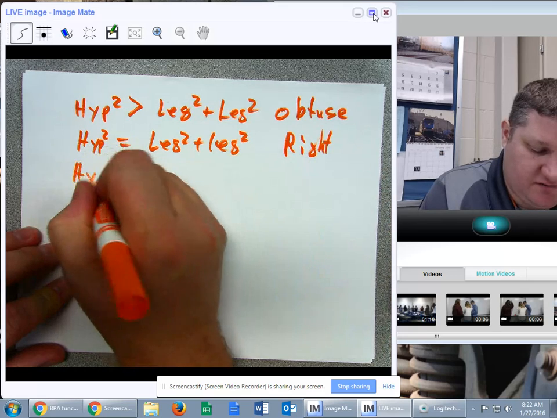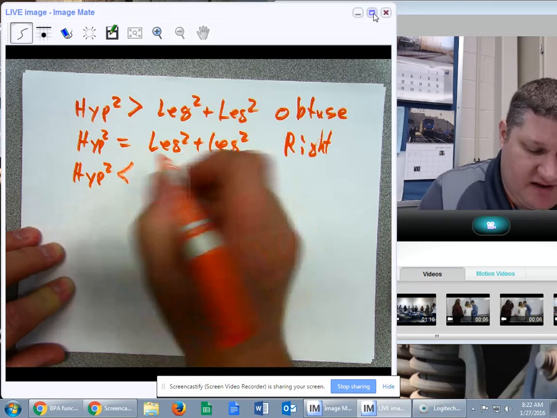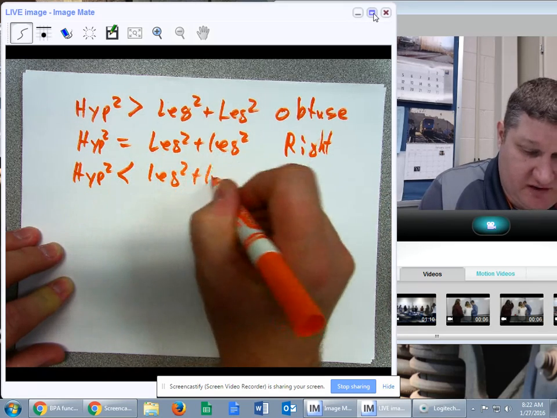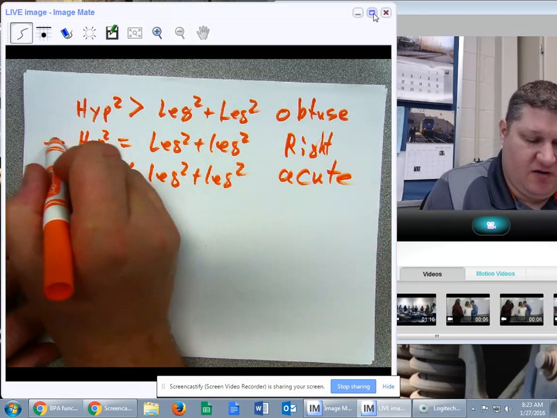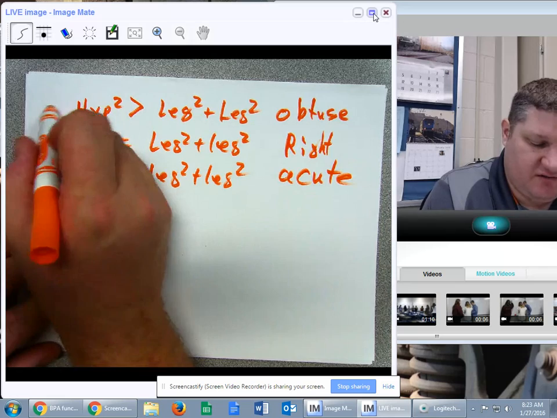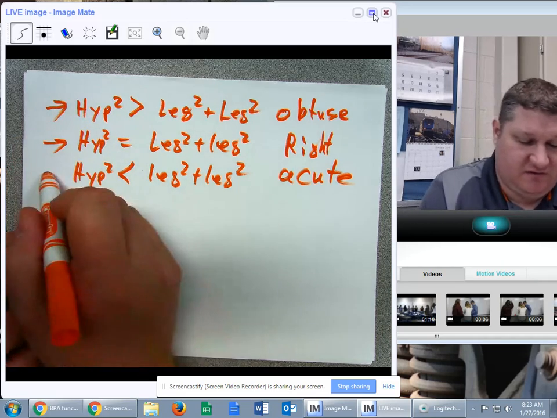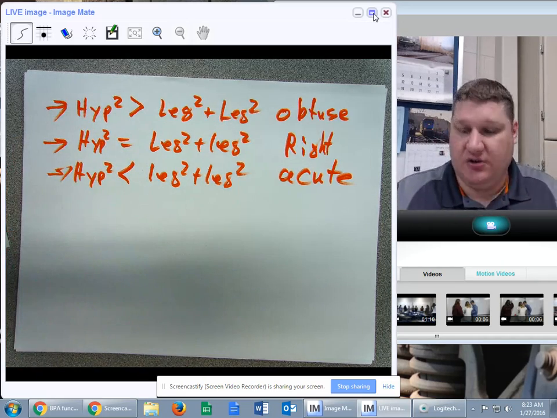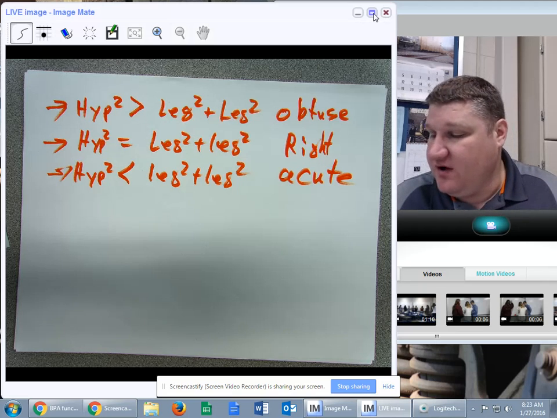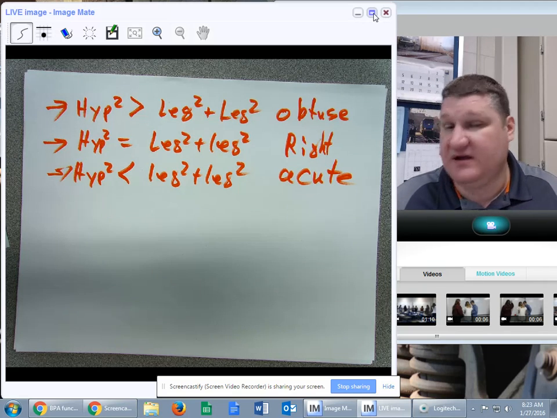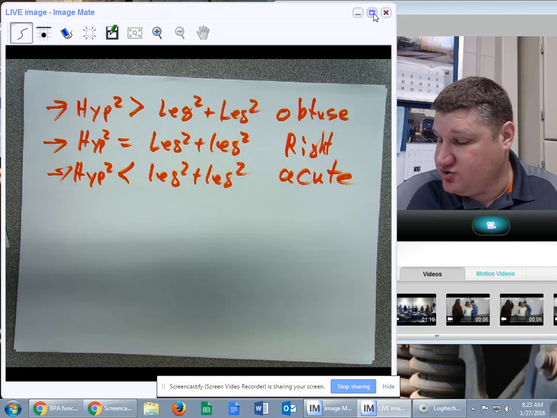If the hypotenuse squared is less than the legs squared plus legs squared, then it is acute. So equal makes 90, hypotenuse squared bigger is obtuse, and less than would be acute. So not only do we have the Pythagorean theorem, we also have the converse. We also have a couple other things that we can begin to learn about triangles.